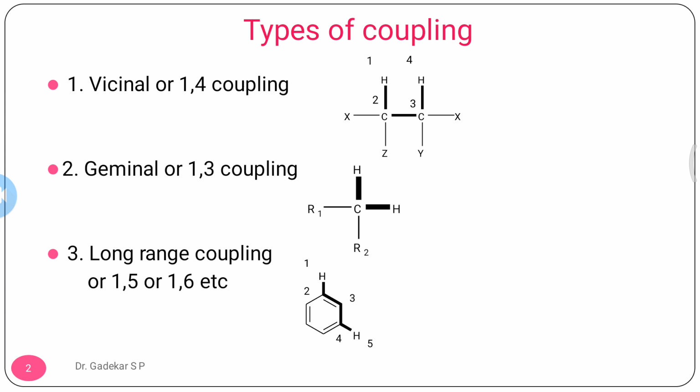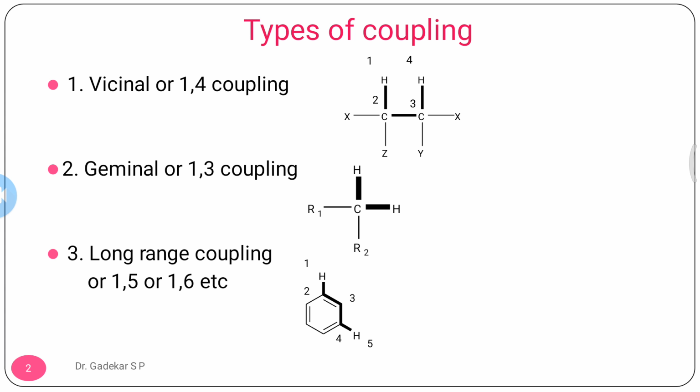Next is geminal or 1,3 coupling. When protons attached to the same carbon are coupled, it is known as geminal coupling or 1,3 coupling. Here it is represented with a dark line: hydrogen, carbon and hydrogen on the same carbon atom.